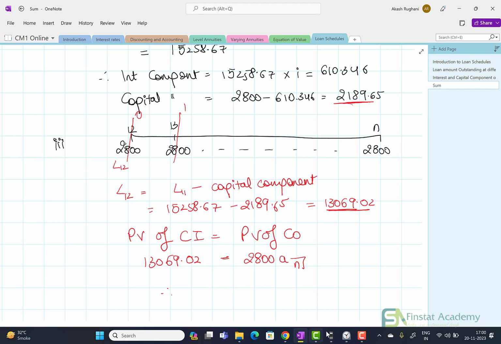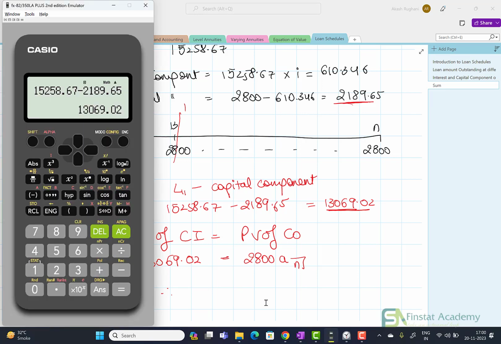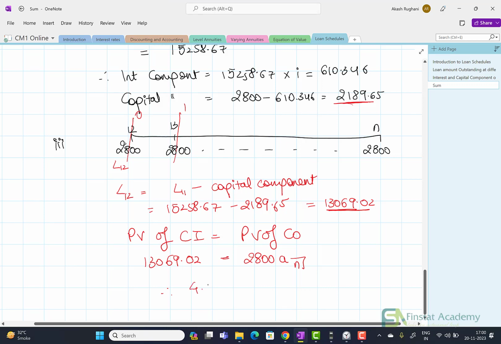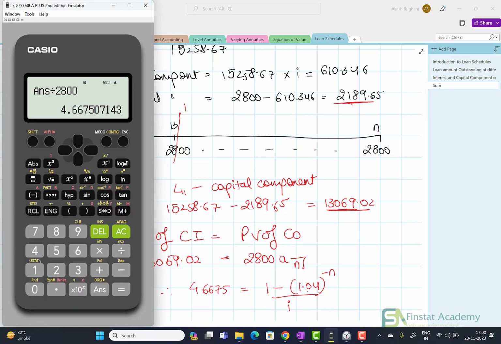So I'll find n. 13,069 will be divided by 2,800, so this will become 4.6675 is equal to 1 minus 1.04 raised to minus n, upon i. Then this answer gets multiplied by i, which is 0.04.